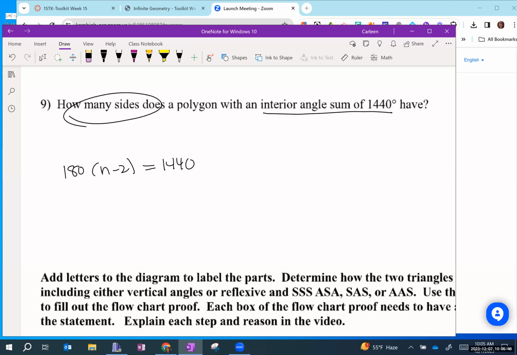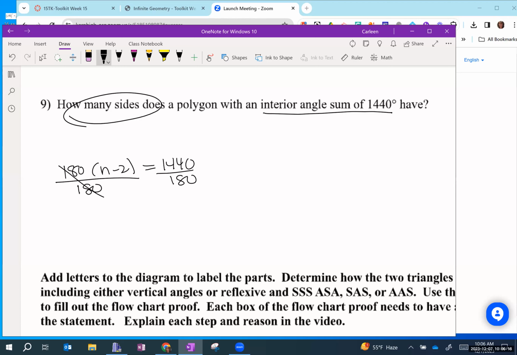Okay, so there are 2 options in solving this equation. I can either distribute or divide before distributing. So we're going to do the shortcut. If I had like a +3 here, it wouldn't work. But since both of those numbers are about to have a 180 multiplied, I can do a shortcut and divide.